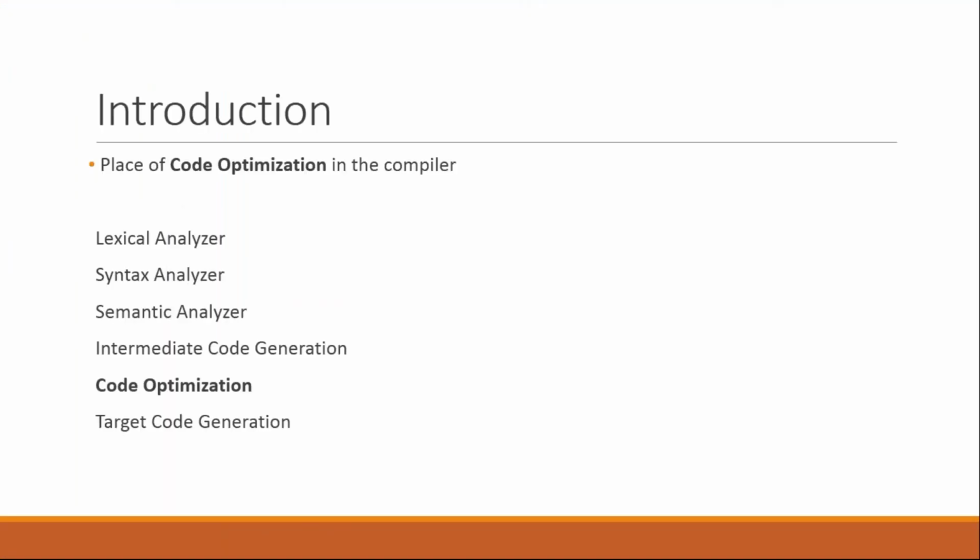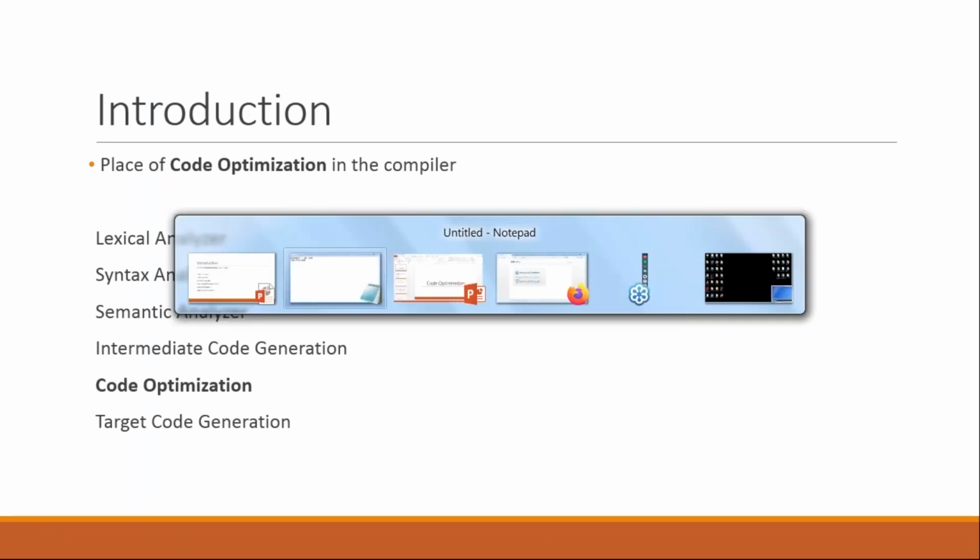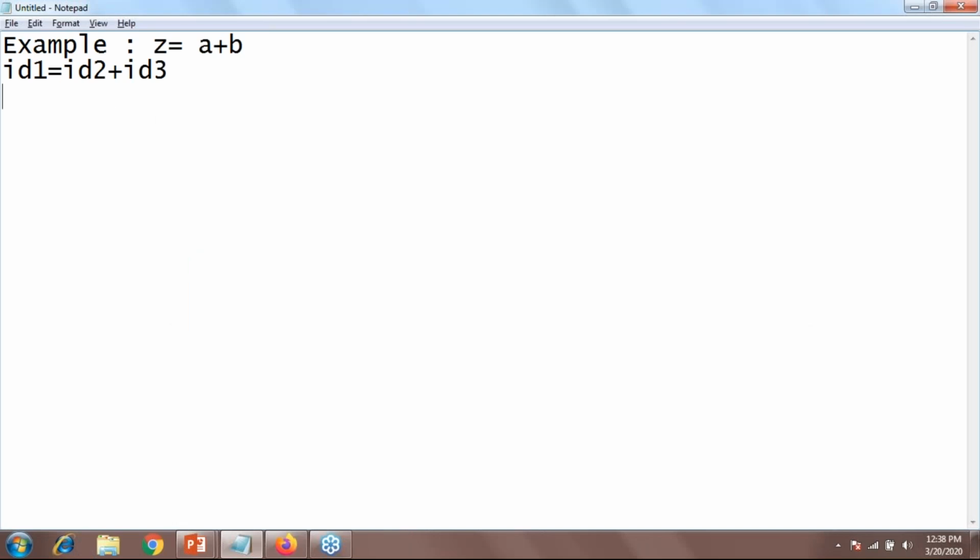Now switch to the second phase, that is, what is the work of our syntax analyzer phase. The syntax analyzer phase will convert your code into the syntax tree as well as the parse tree. Now what is the difference between the syntax tree and parse tree?